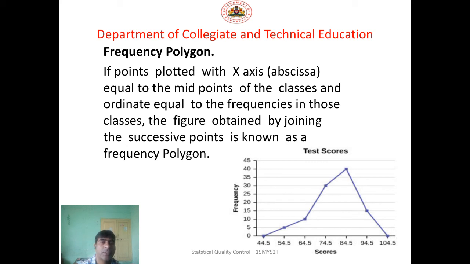Next midpoint is 74.5 and the frequency is 10. The frequency is 30. For 84.5 the frequency is 40. For 94.5 the frequency is 15. Again for 104.5 midpoint the frequency is 0. So like that we have plotted the points only.